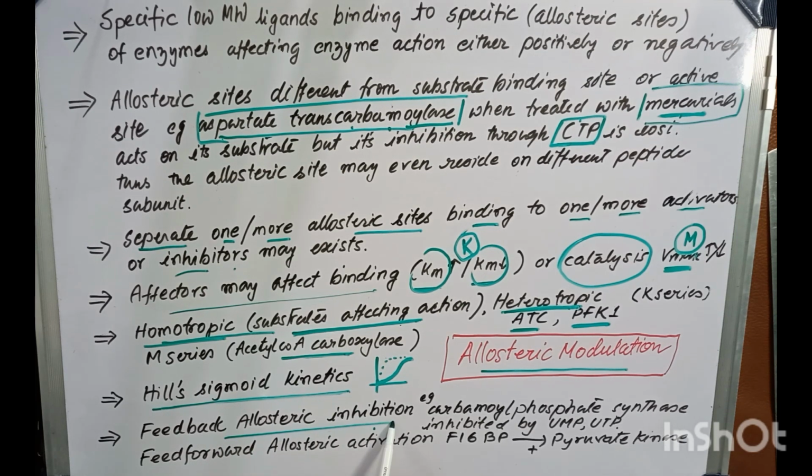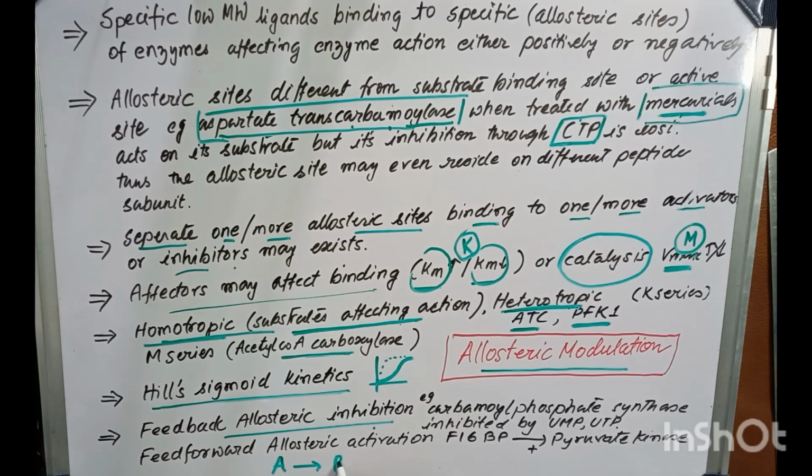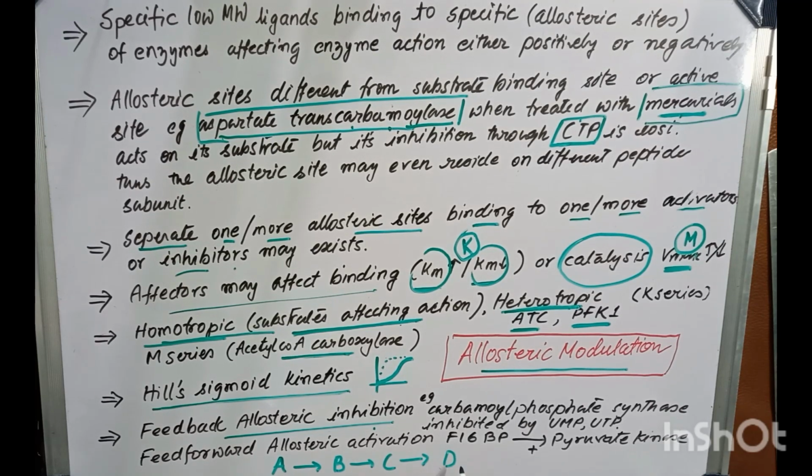What does that mean? Feedback means, say a reaction gets converted from A to B to C to D, and this is a pathway, and say there are enzymes X, Y, Z. This is the primary feed of the pathway and this is the product of the pathway.